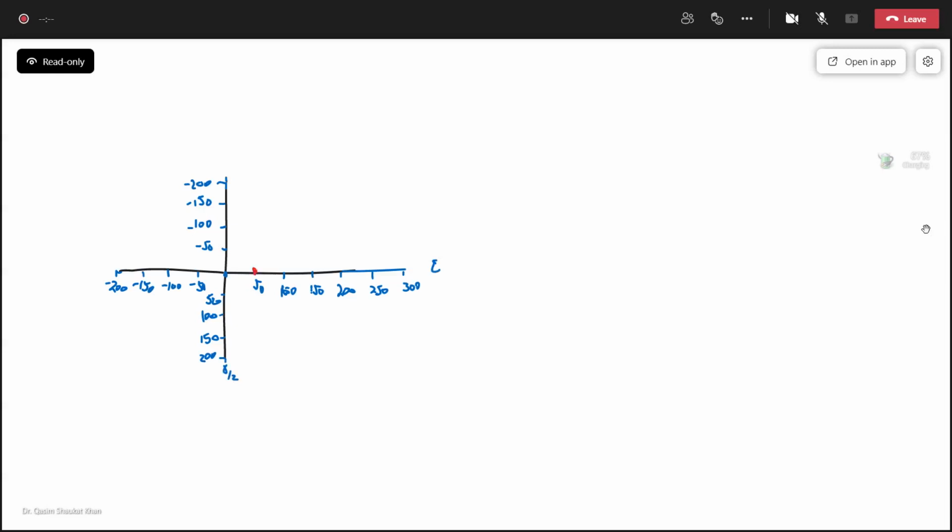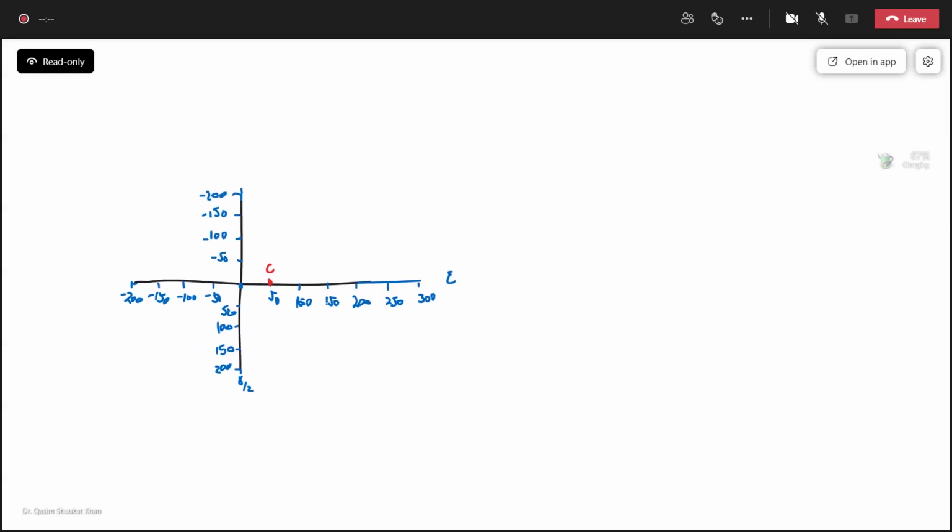This is your center point C. Then comes the reference point 250, 250 and 60, somewhere here. ठीक है जी? This is your reference point A.